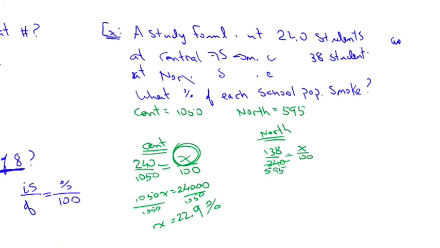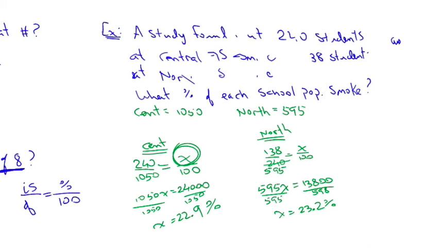So multiply and you get 595x is equal to 13800. And divide both sides by 595, and you get x is equal to 23.2%. So the high schools basically smoke at the same rate.